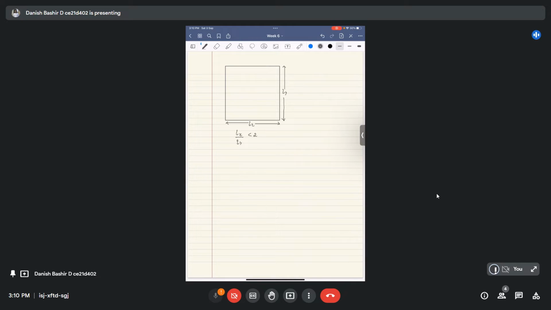In one direction, the longer direction, it will bend like this, and in the other direction it will also have some deflection like this. You can consider it like a plate.